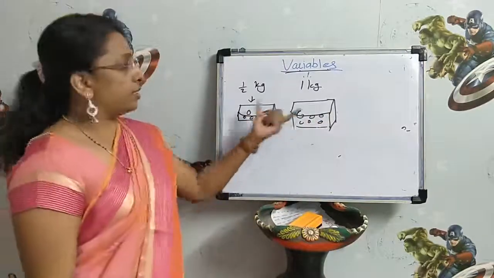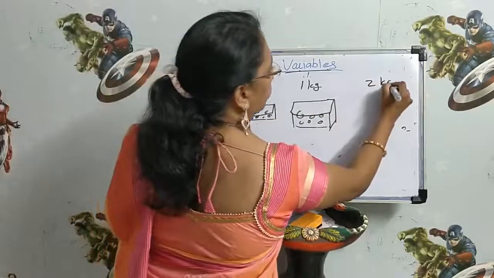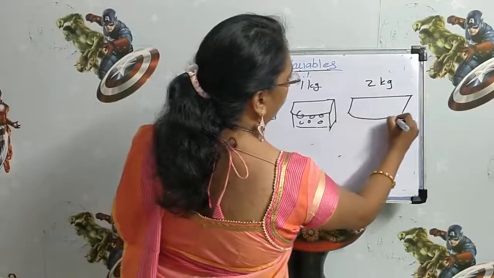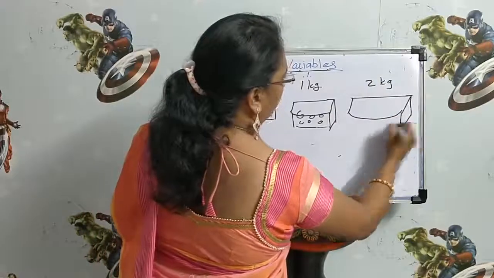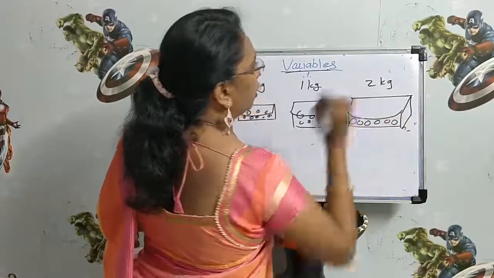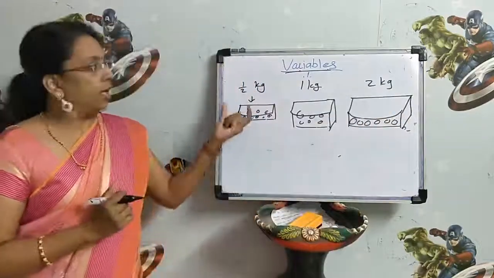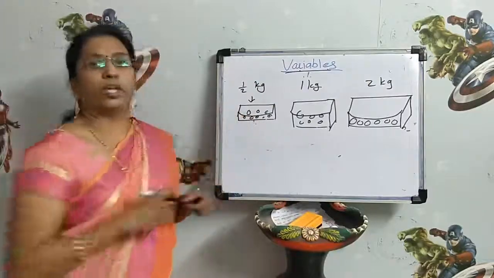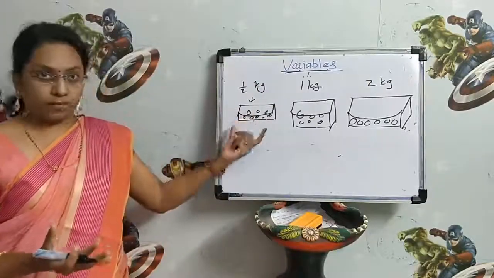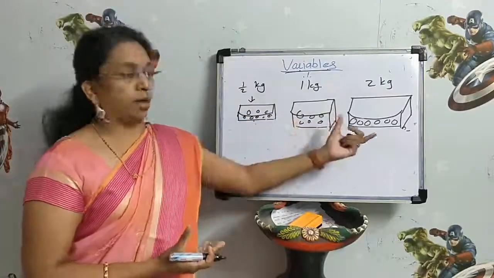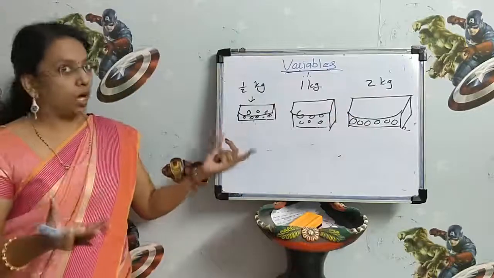Similarly, just imagine you have 2 kgs of laddus. You need a bigger box than this, so that you can store 2 kgs of laddus. As well as, instead of laddus, the same box you can use to store gulab jam, jalebis, or kaju katli.